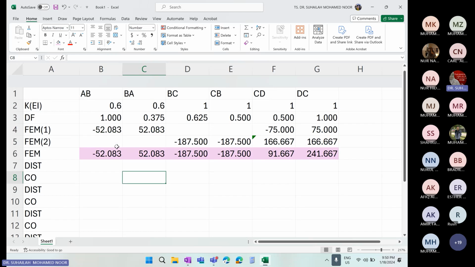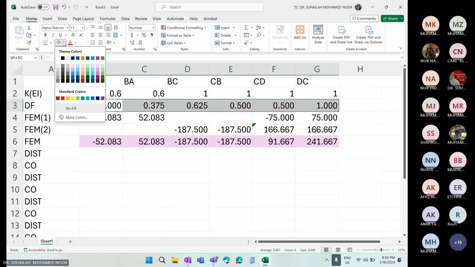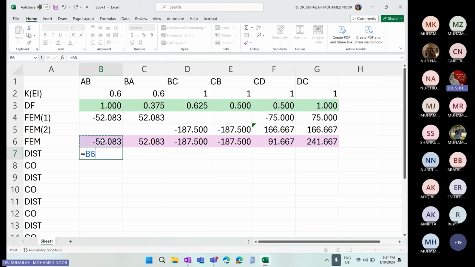So for distribution, this is the distribution factor. At joint A, this 52, change sign means negative, times with the factor 1. So one negative, one positive. First distribution for AB is positive, so that when we total these two, it becomes 0.